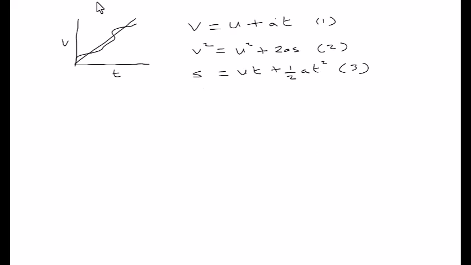Underlying these are Newton's laws of motion. We won't write those down, but it's worth mentioning them. The first law states that any body will continue in a state of uniform motion in a straight line unless acted upon by an external force. So if you have a spacecraft and it's being pushed with some thrust at the beginning and no other forces act on it, it will continue in that direction.